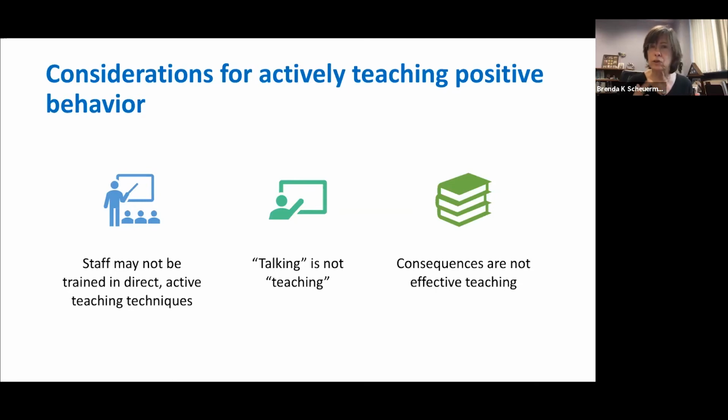So the teaching part comes in when you would teach me the words and the grammar and the vocabulary of Italian. And consequences are typically not effective teaching. If consequences were effective teaching techniques for these kids, they wouldn't be where they are in disciplinary alternative settings. So we have to maybe help our staff learn how to use direct active teaching techniques.